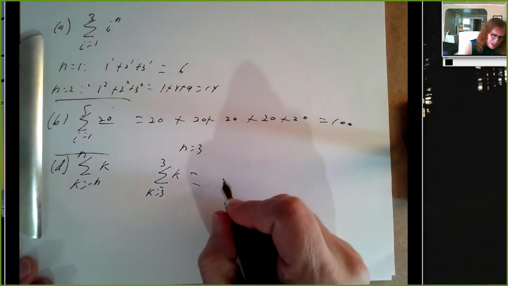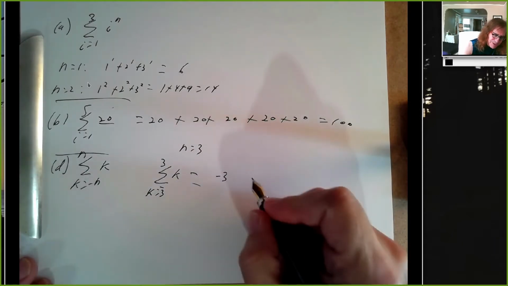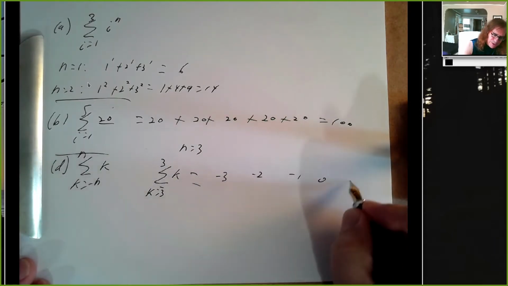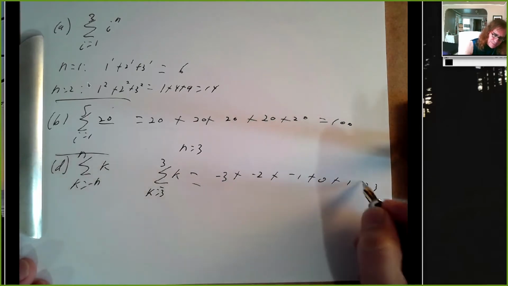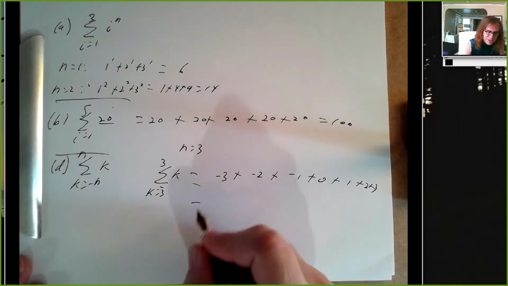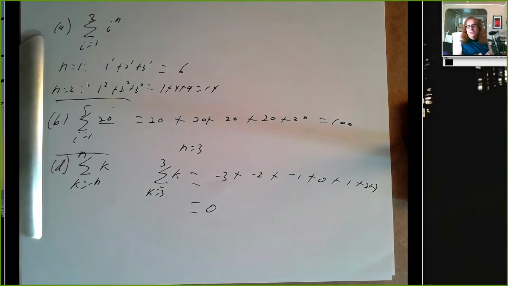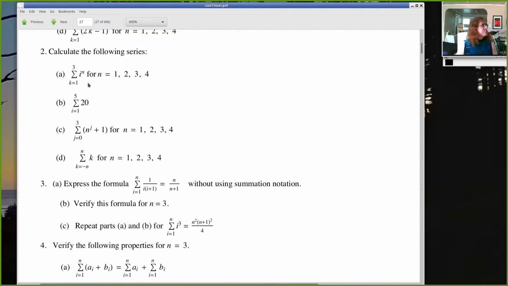Well, if k is minus 3, then k is minus 3. If it's minus 2, minus 1, 0, 1, 2, 3. Add those together. And everything cancels. And so for all your different n's, this turns out to be just good old 0. So that was just sort of messing around with summations, getting a feeling for them.